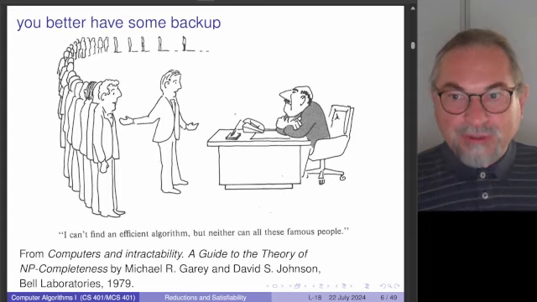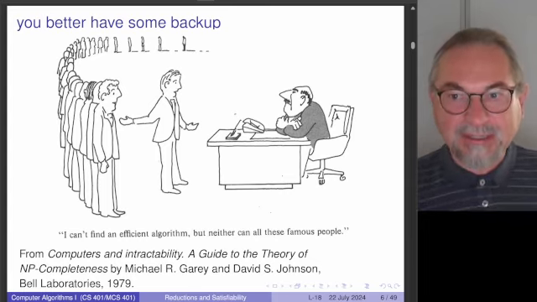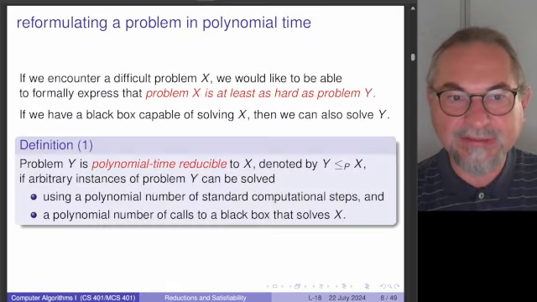We are going to show that there is a technique to show the equivalence between problems. This technique is essentially a rewriting technique or a reformulation of a problem, and it is important that this reformulation happens in polynomial time.